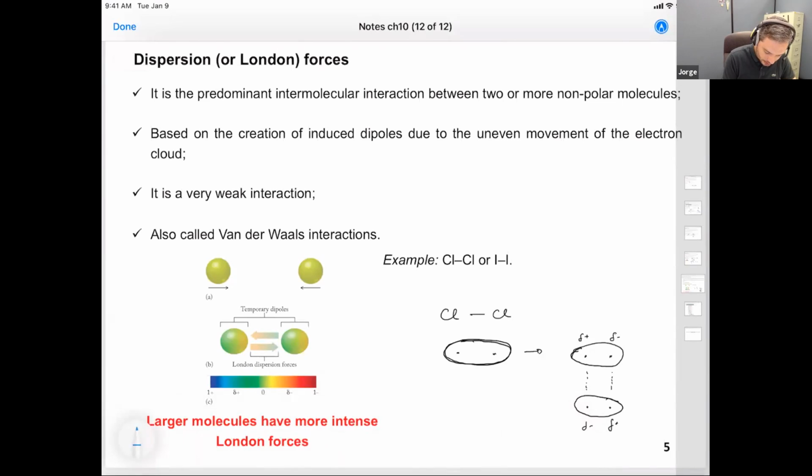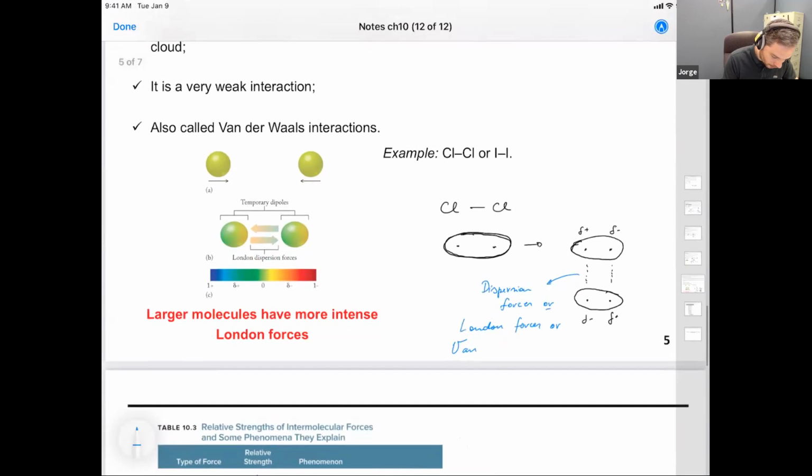And this kind of interaction is going to be called dispersion forces, or London forces, or van der Waals interaction.